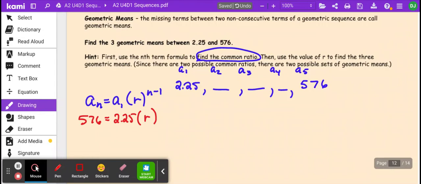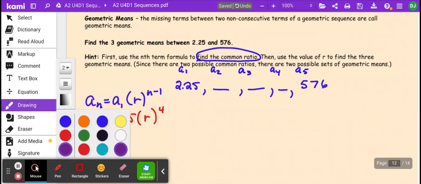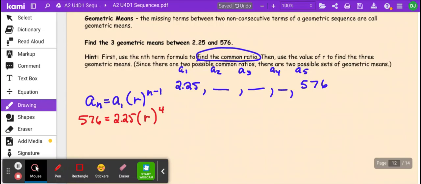So it's the fifth term, but that would be 5 minus 1, which is 4, right? And hopefully we've worked enough with exponentials that you would know, oh, we have to divide by 2 1/4 on both sides. Looking familiar, right? And we get 256, right, equals r to the fourth.